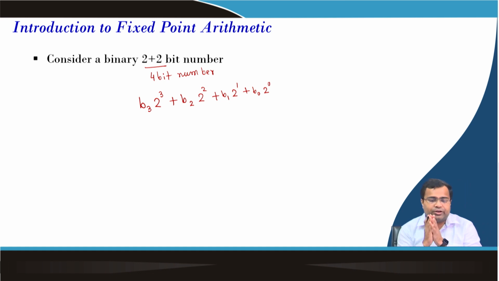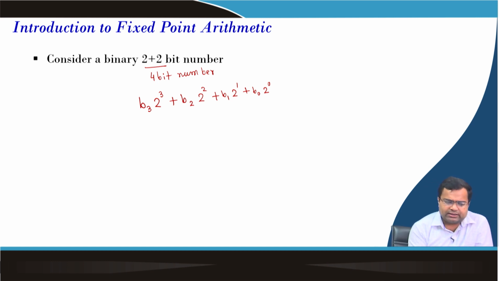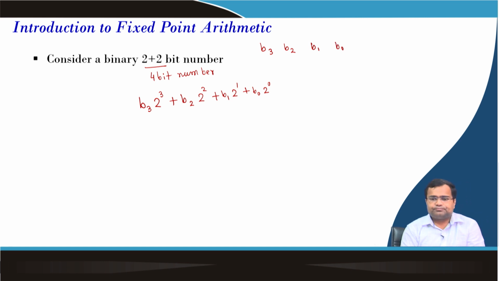This is one way of the representation. Now, I can also write this in this way, that means we have a number which is B3, B2, B1, B0.